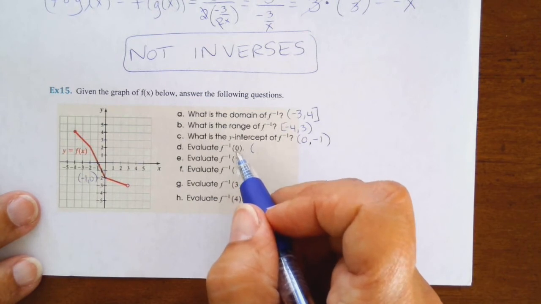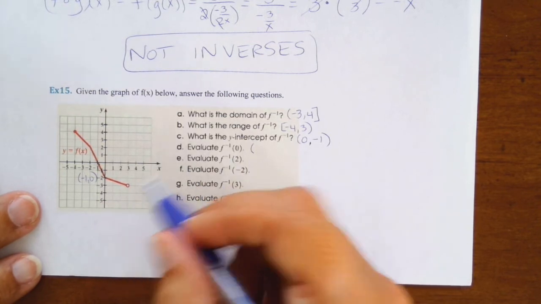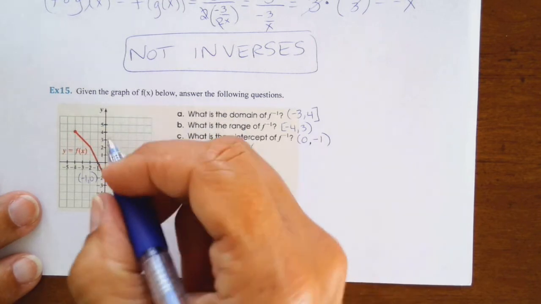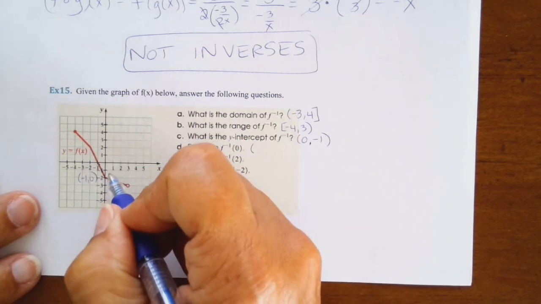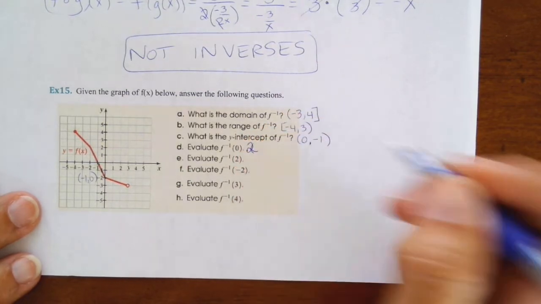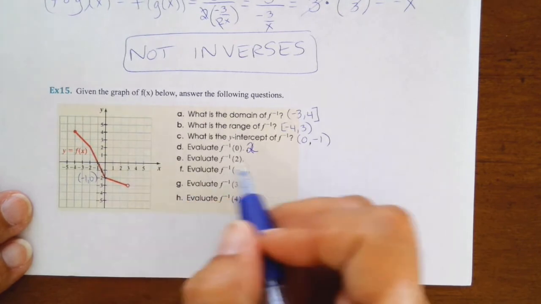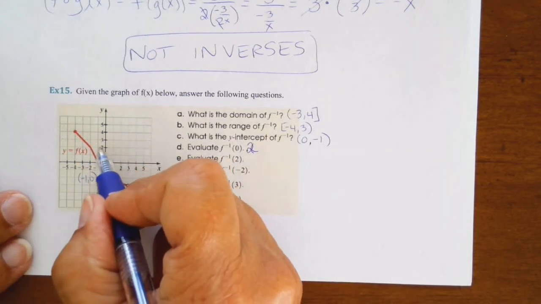Again, this is x on the inverse, which means it's y on the original function. So go to where y is 0, which is right here. So that would be 2. All right, again, this is x on the inverse, so it's y here. Go to where y is 2.